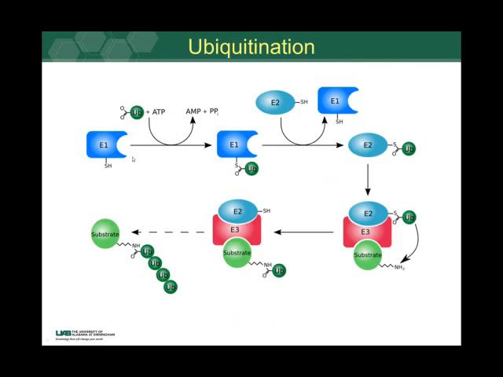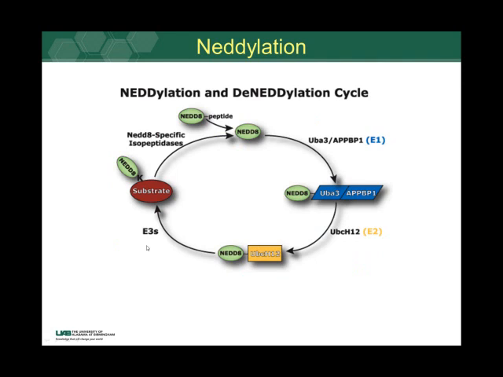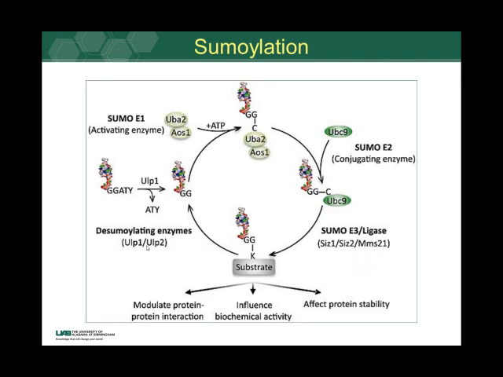Ubiquitination is the addition of a short peptide molecule that consists of 76 amino acids to proteins, and when it tags these proteins on the epsilon amino group of lysine, it destines the substrate to be degraded by the proteasome unit. It is very similar to Neddylation, again the addition of a peptide that is very homologous to ubiquitin, and Sumoylation is exactly the same.